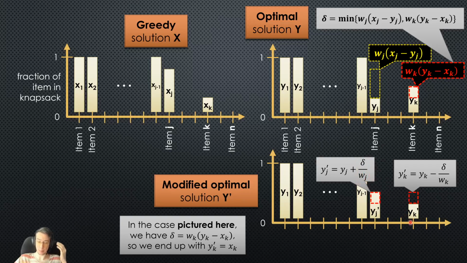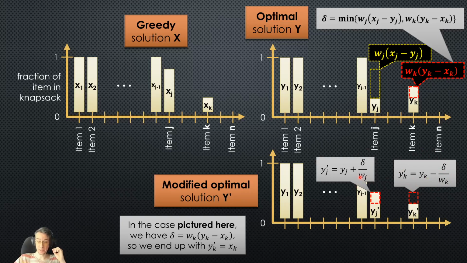So anyway, in the case that we're picturing here, suppose that the red expression is the smaller weight expression, and so we're effectively setting yk prime equal to yk by subtracting this expression. And you can confirm for yourself that if this is the smaller of the two expressions, then when you plug this expression in for delta here, you'll be effectively setting yk prime to yk, and then you'll be adding some other expression here.